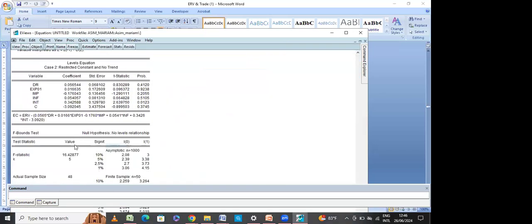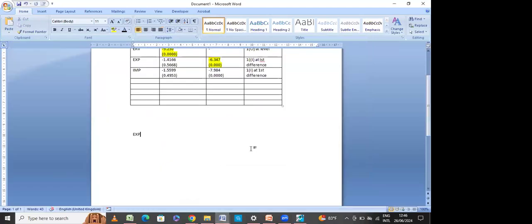Here you can easily see that the F statistics value is more than these values. As a rule of thumb, if the F statistics value is greater than the upper bound and lower bounds, then we can say there is long run integration.